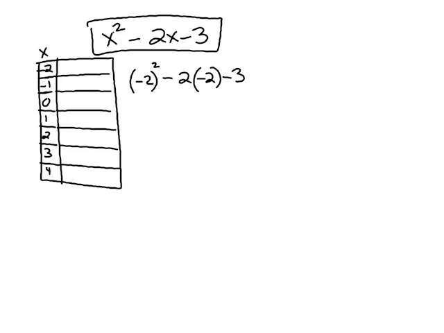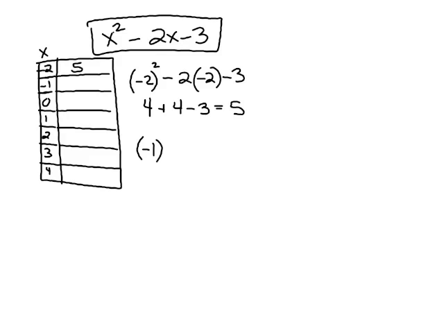So 2 squared, positive or negative? Positive. And then -2 times the -2, positive 4. Positive 4 minus 3. So that equals 5. Okay, so if my x is equal to -2, then my answer here is 5. Let's do -1.